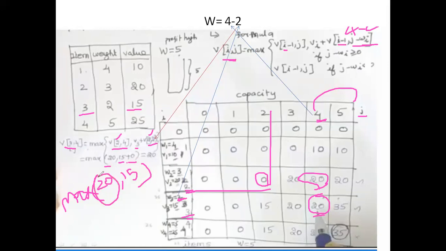So that is the answer. So 20 you have to fill in this 3, 4. Okay. So by using this formula, we have explained a shortcut method of how we fill that table.